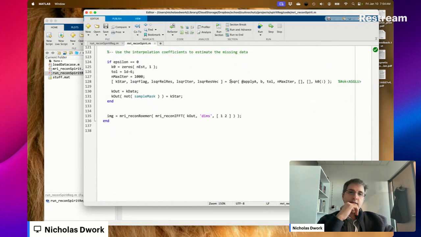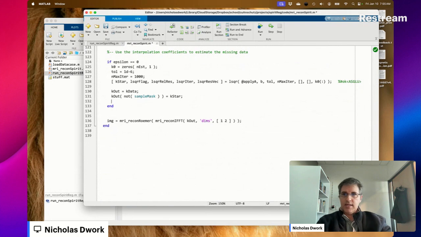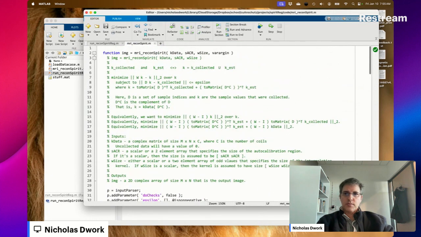We are going to have to add some more stuff. I'll show you what that is in a second. And we're going to have to use a different solver, because the question is, how are we going to handle this constraint, right?